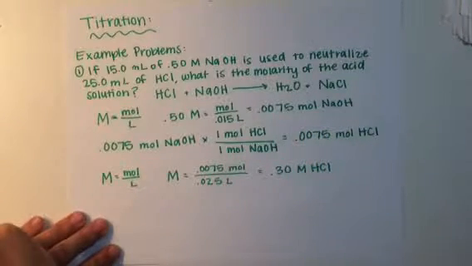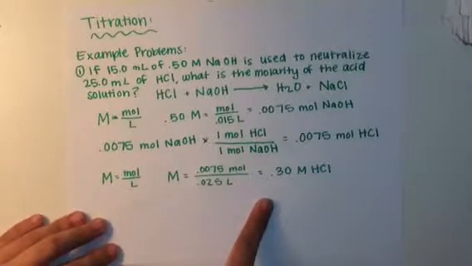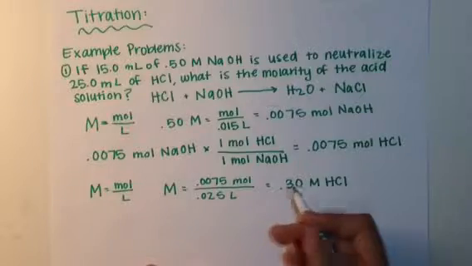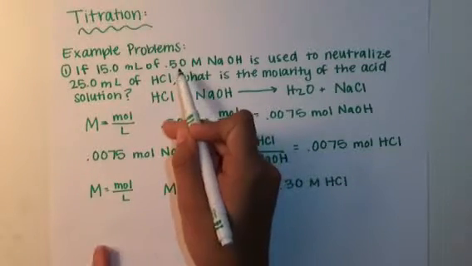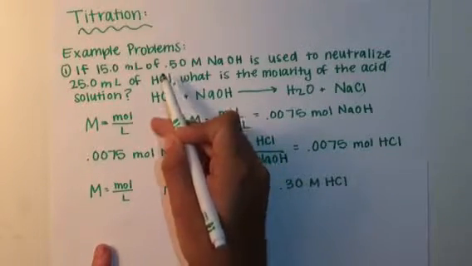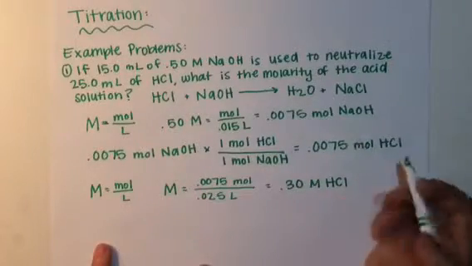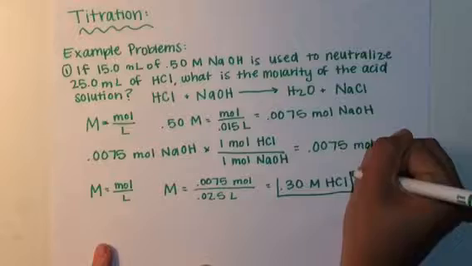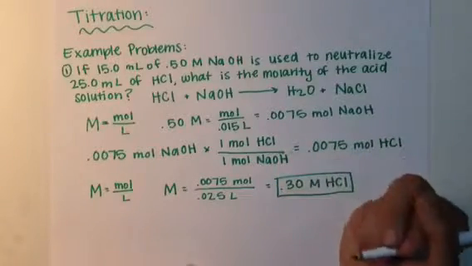Before you submit your final answer, make sure you have the proper amount of sig figs. 0.30 has the same number of sig figs as 0.50, which has the least in this whole problem, so this is your final answer.